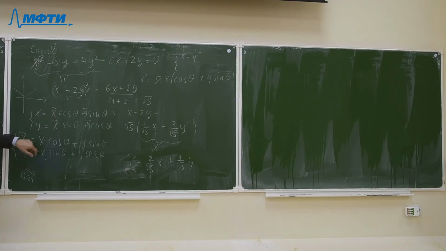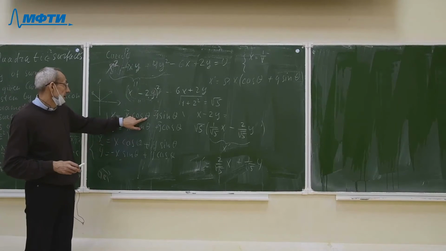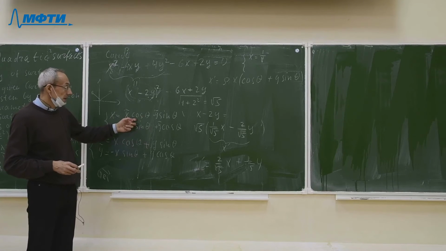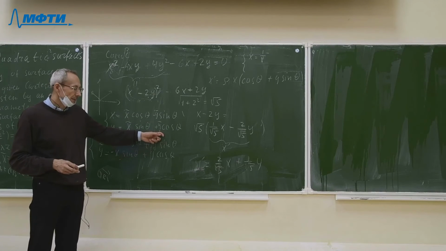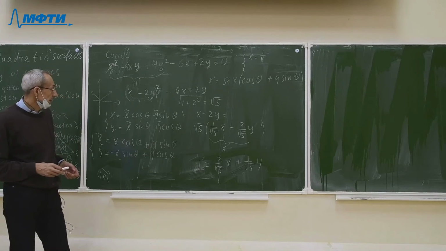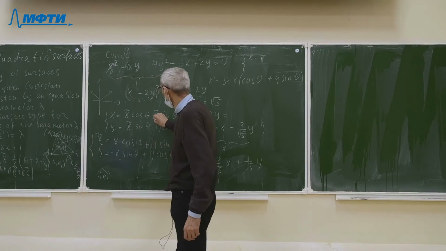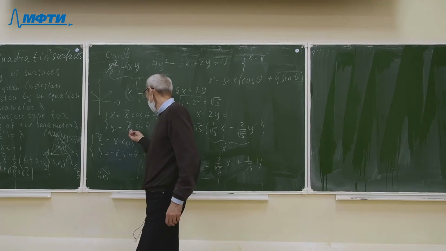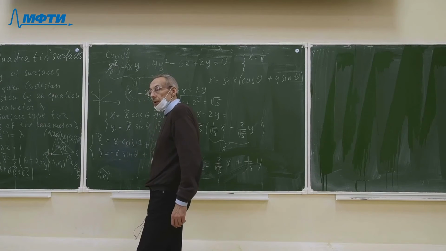In this formula I change the sign of theta. Cosine is an even function, so cosine does not change, but sine is an odd function, and I must change the sign. Here we have minus, and in this formula we have plus.